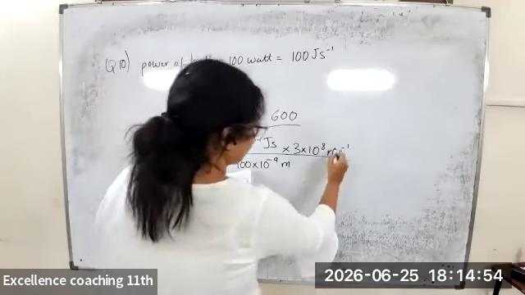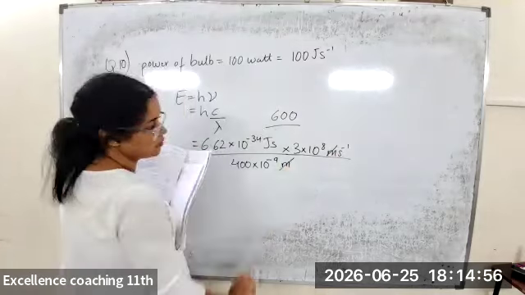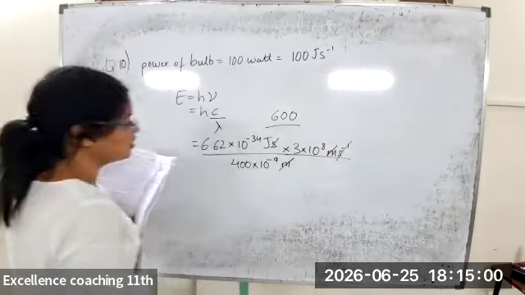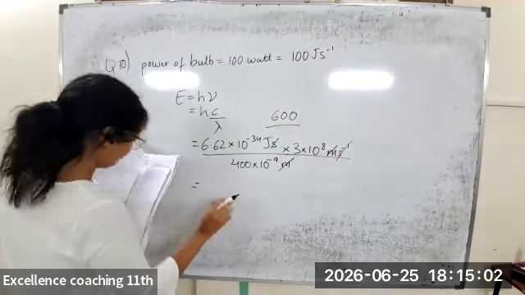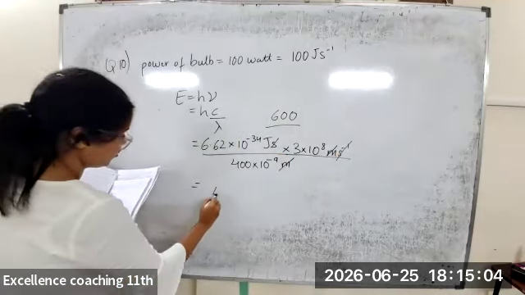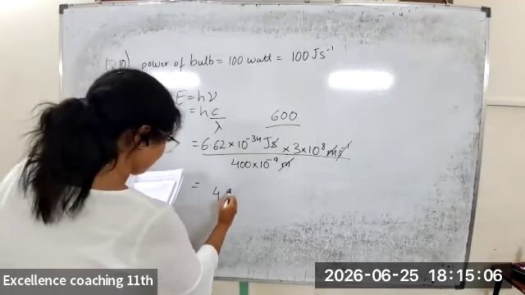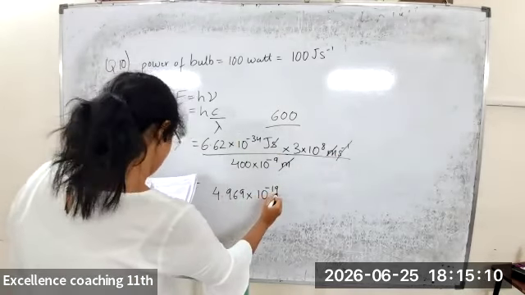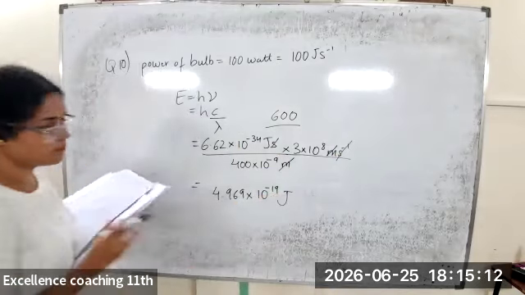So this meter will get cancelled, plus 1 minus 1 will get cancelled. You all can do it at home. You will get 4.969 into 10 raised to minus 19 joules.